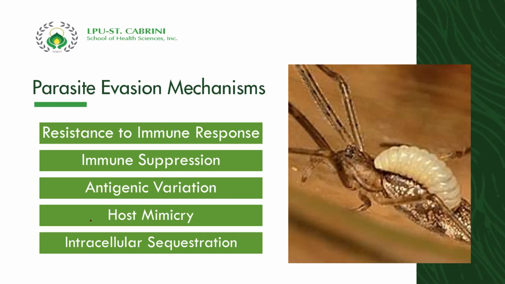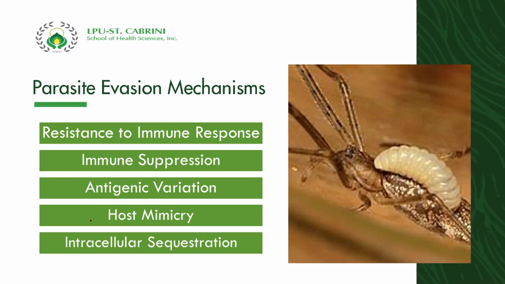In addition to that, there are adaptations of the parasites, adaptations that develop the mechanisms of various parasites. Now we have resistance to immune response, immune suppression, antigenic variation, host mimicry, and intracellular sequestration. These are the parasite's mechanisms of invasion.